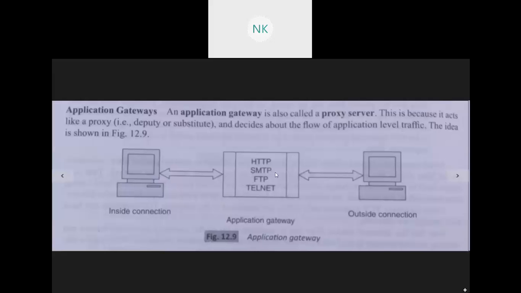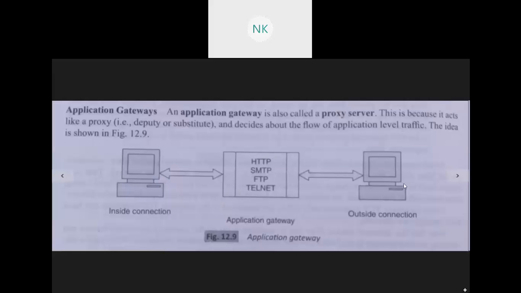Suppose this one here in this case. Then the application gateway asks the user for an ID and password, which is required to access the service of the application gateway. Means when you want to access the service of this application gateway, you need an ID and a password.